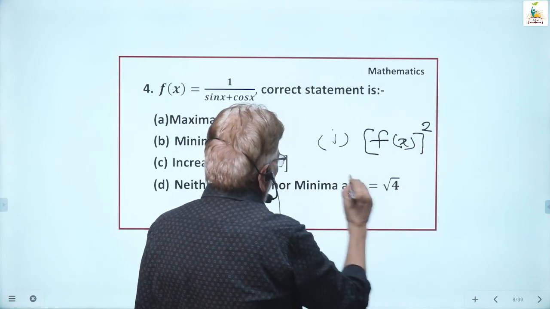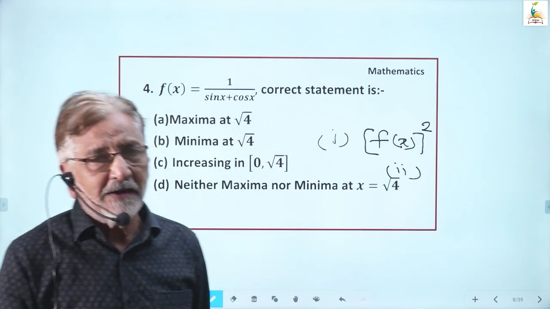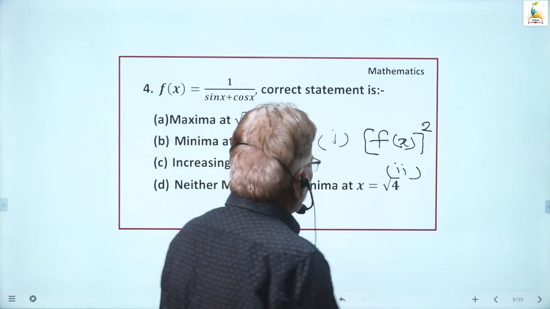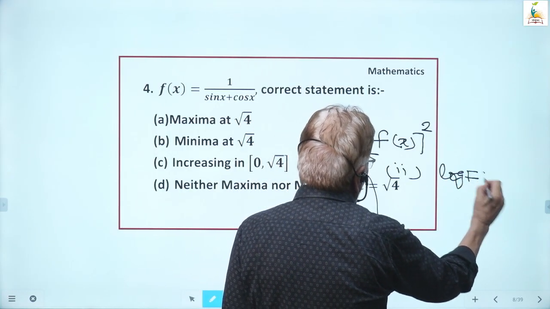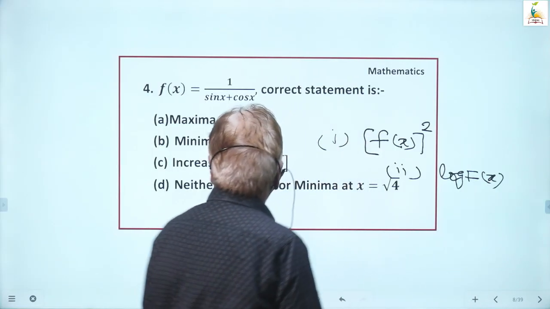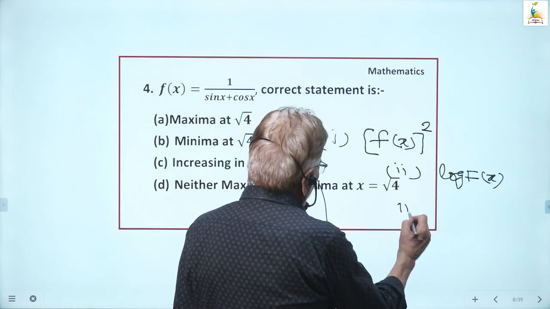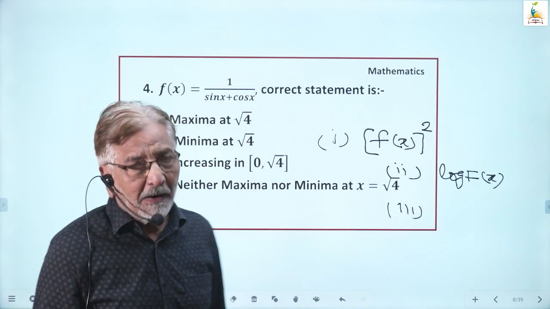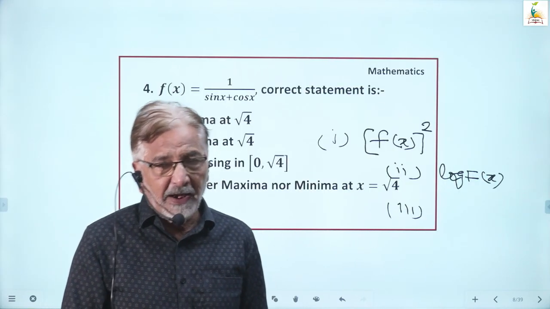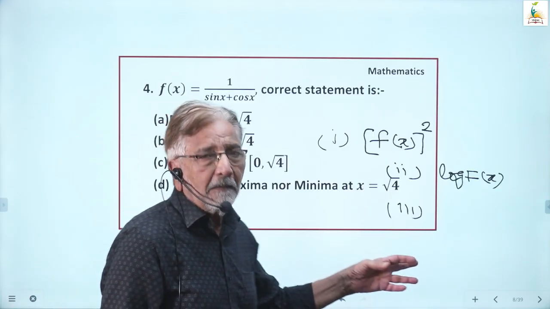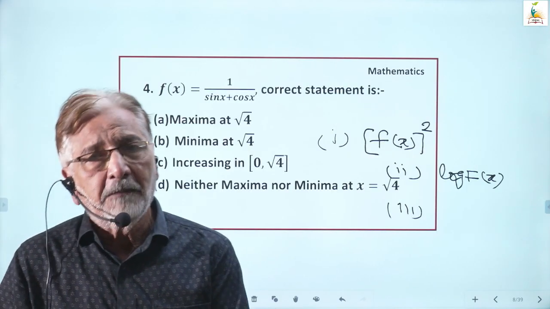Second, where f(x) is maximum or minimum, log of f(x) shall also be maximum or minimum. Next, where f(x) is maximum, 1 upon f(x) shall be minimum, and where f(x) is minimum, 1 upon f(x) shall be maximum.